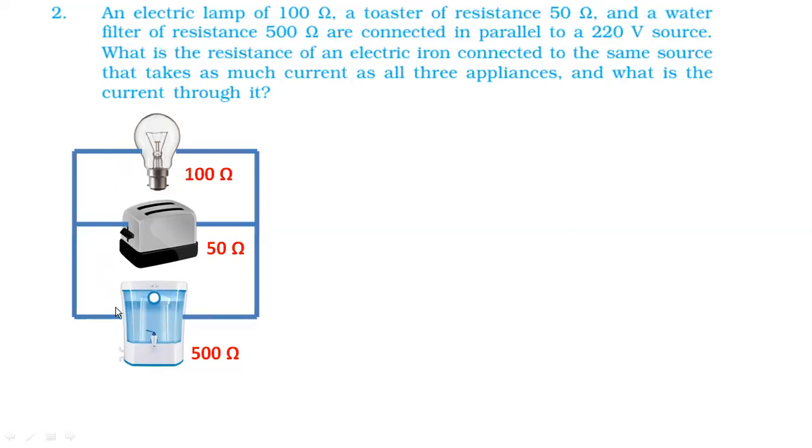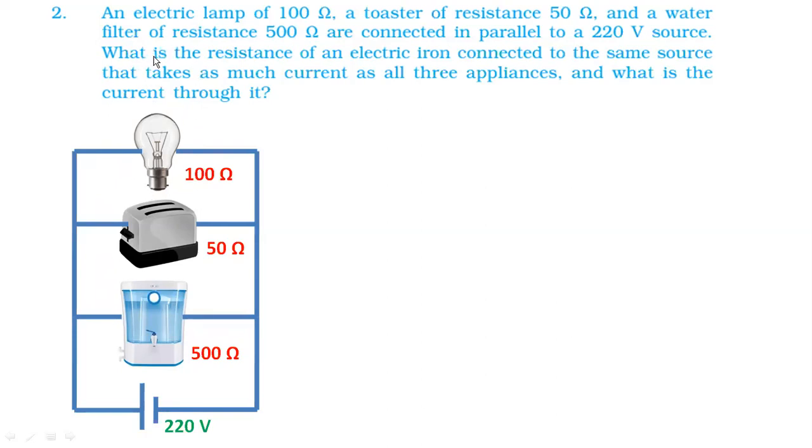Okay? So I will add that voltage source at the bottom. So this is 220 volt. So this is actually the meaning of the first para. That they have connected lamp, toaster and purifier to a 220 volt source. And each has its own resistance. And how are they connected? Parallelly connected.